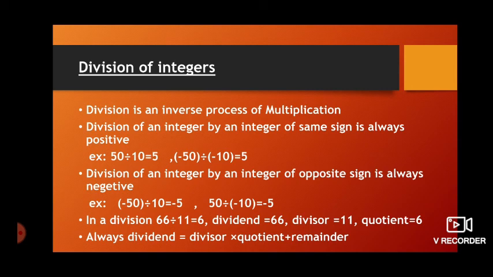What is that division algorithm? Always, dividend is equal to divisor into quotient plus remainder. Okay, for example, in the above example, dividend 66 is equal to divisor 11 into quotient 6, remainder 0. Now 66 is equal to 11 into 6, which is 66. Both sides have the same answer.